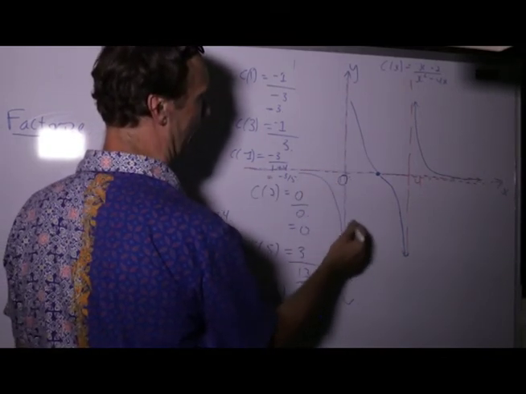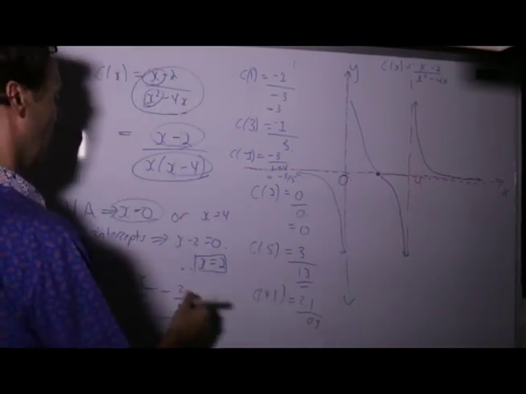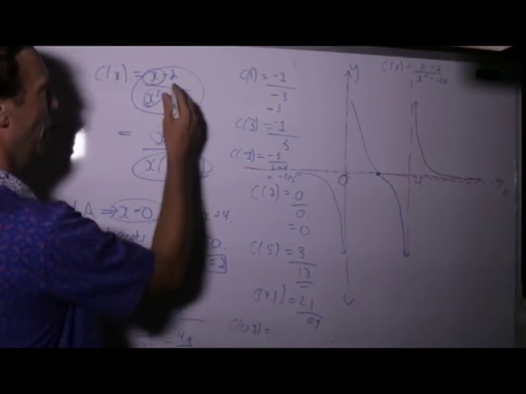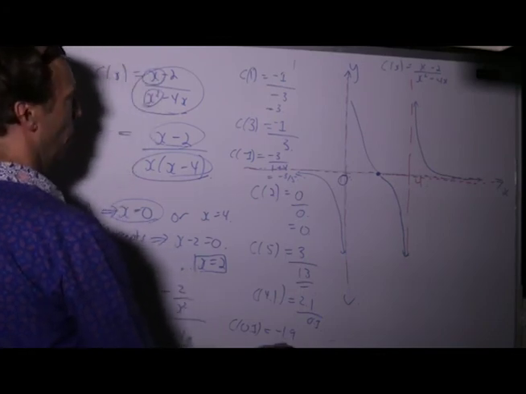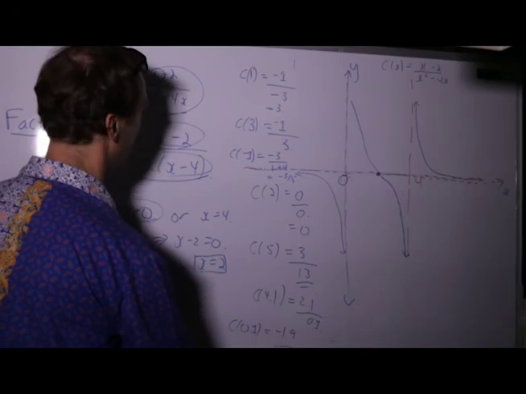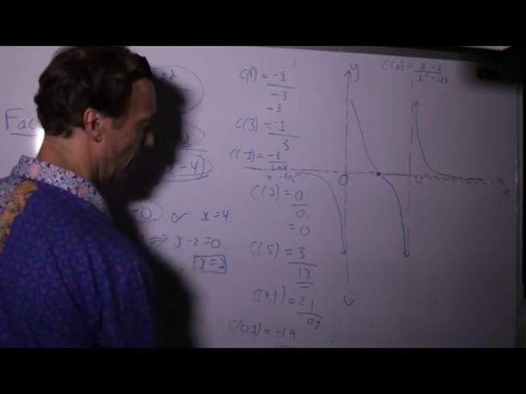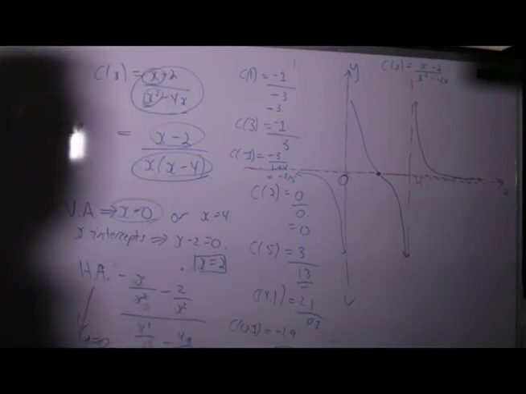Obviously you need to test something a little bit closer, 0.1 for example, just to be on the safe side. You don't need to put in the exact values. 0.1 minus 2 is going to give us negative 1.9.